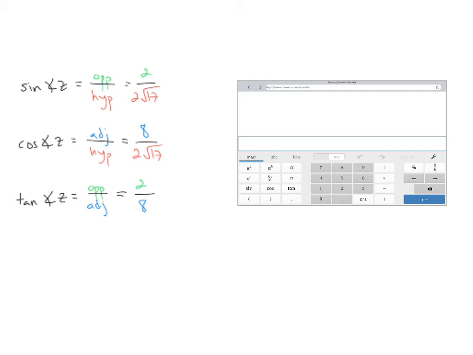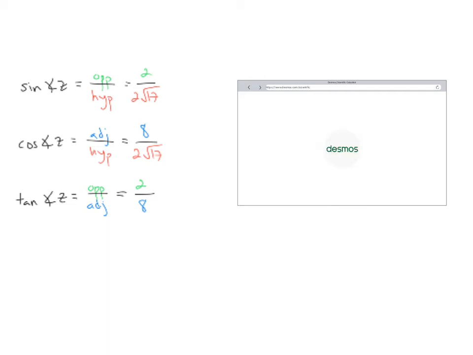All right, so in Desmos, we're going to type 2 divided by 2 times the square root of 17. I'm going to hit enter.